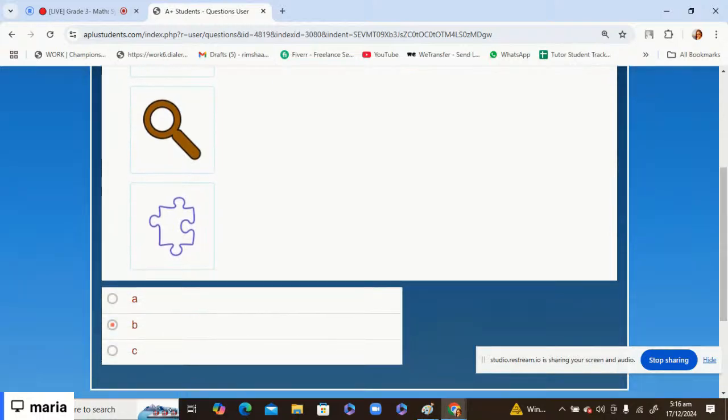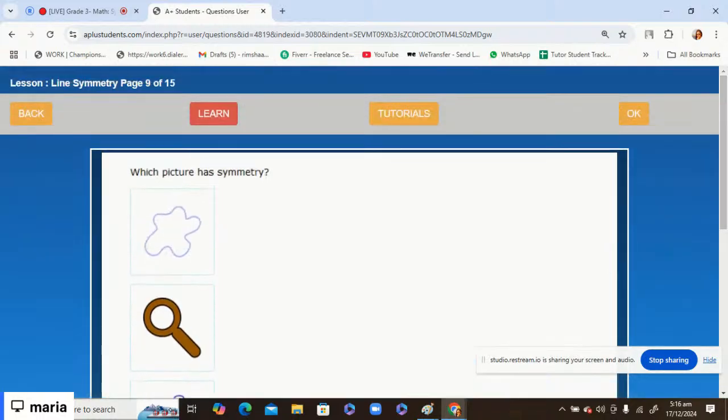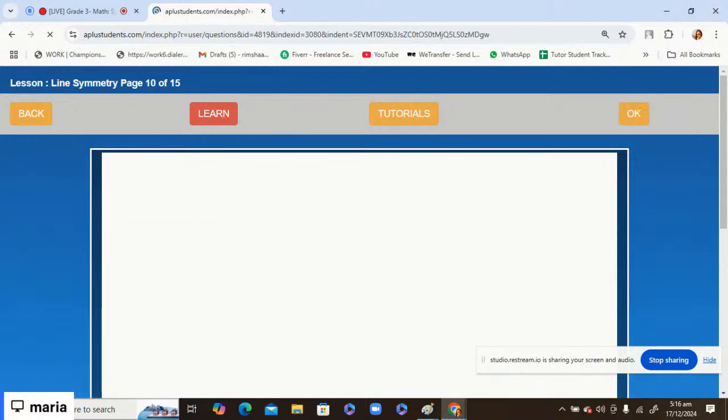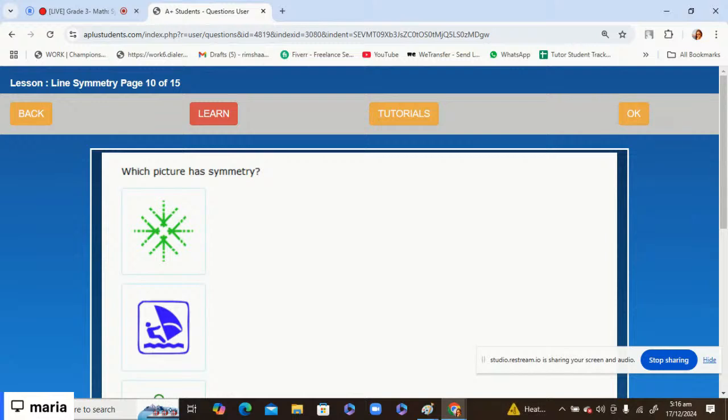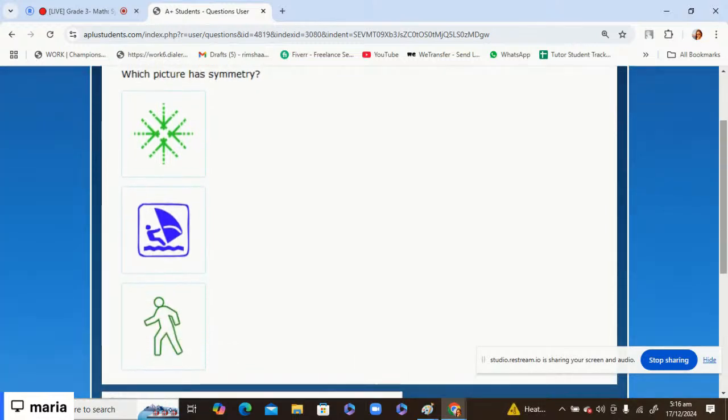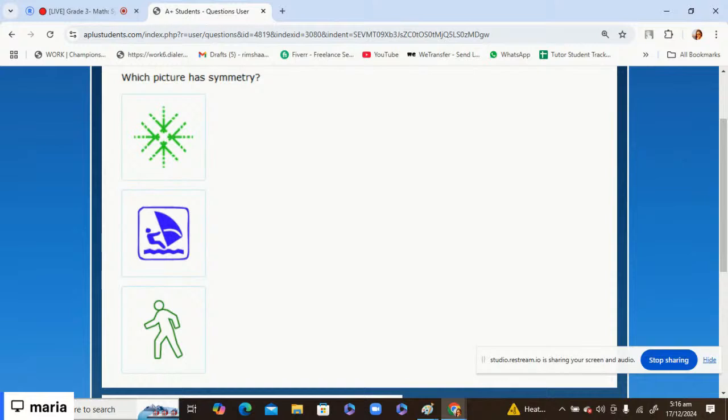Okay, it's option B. Very well done. Which picture has a symmetry? Now it's again the same as the previous part. Check it out.